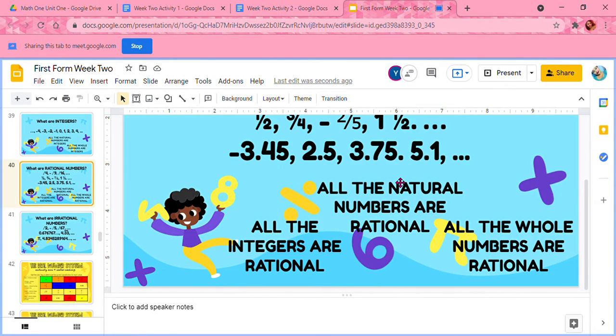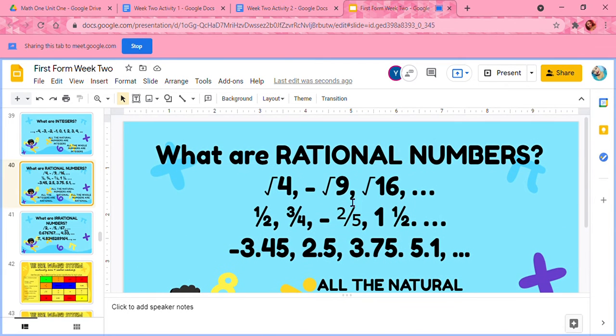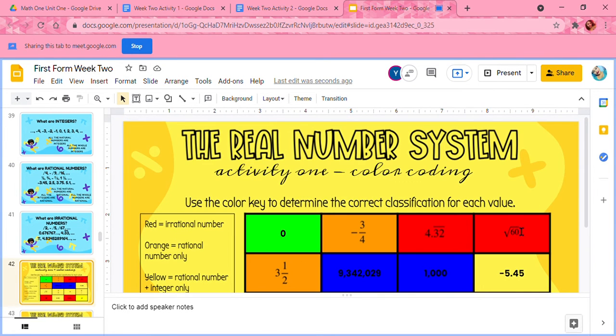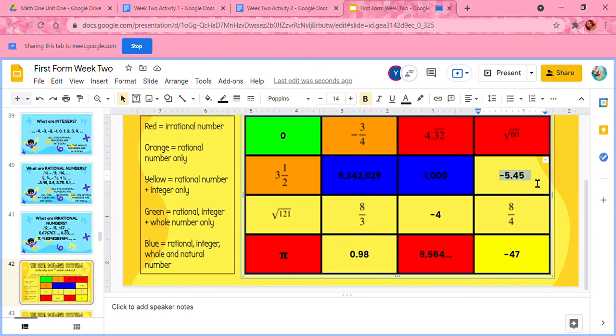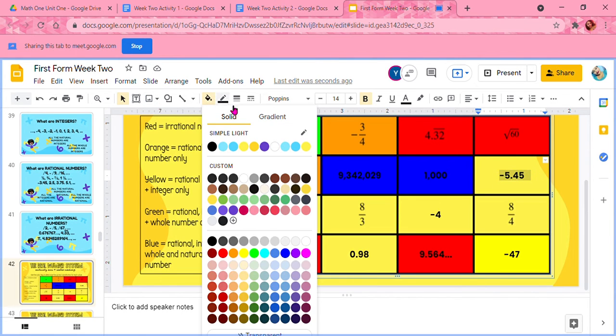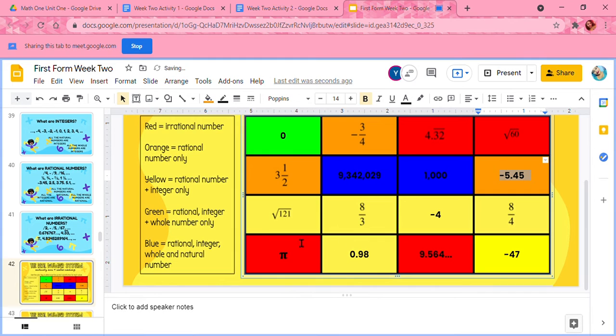On the other hand, it's a rational number. Very good, a rational. So what color am I going to color this one? Orange. Excellent.